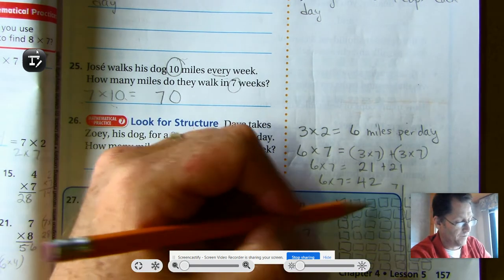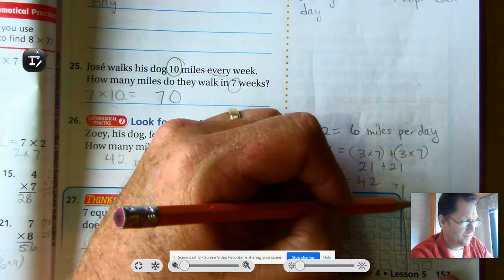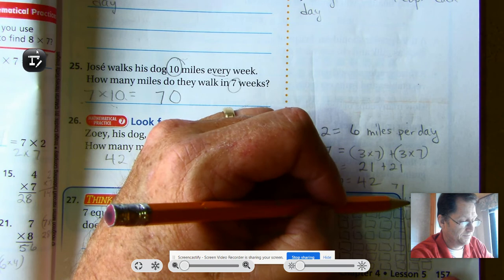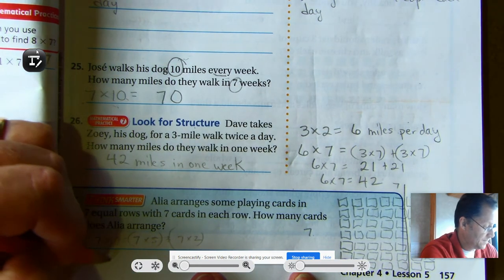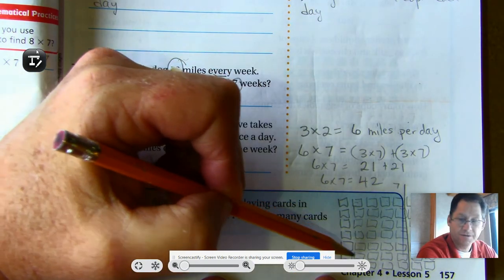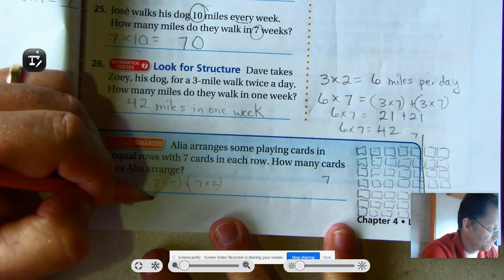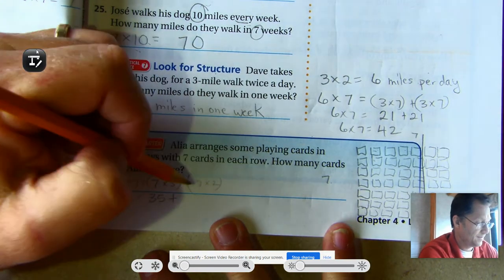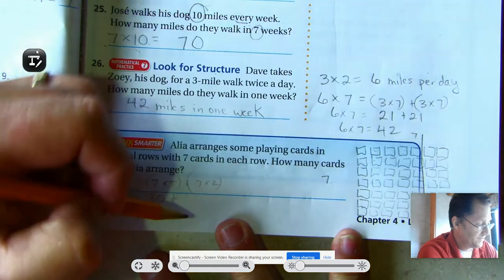Okay, so my first array is 7 rows of 5, and my second array is 7 rows of 2. Okay. So 7 times 5 is 5, 10, 15, 20, 25, 30, 35. And 7 twos is 2, 4, 6, 8, 10, 12, 14.